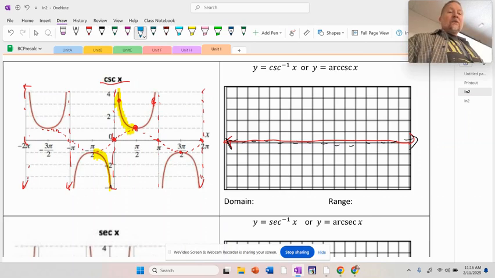I will go blue. So pi over 2 comma 1 is now, let me get a y-axis here. My bad, dogs. All right. So when I say inverse, you say switch X and Y. So this is now, let's go over here and say 1, and then let's go 2, and let's say pi over 2.